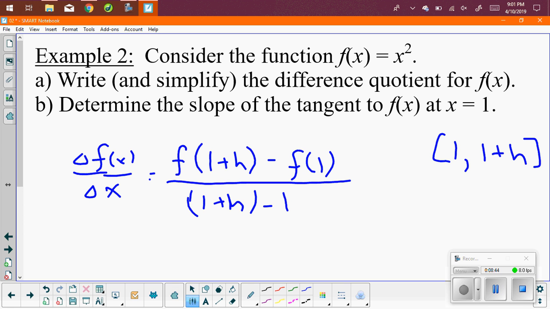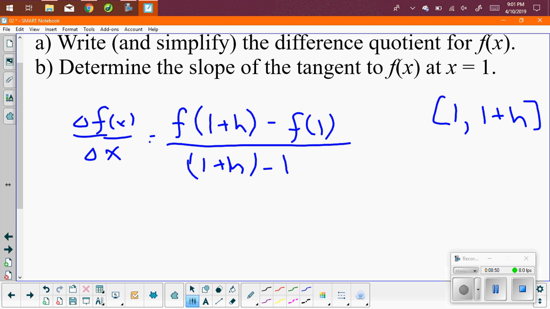Function at y2, function at y1, y2 minus y1. Same thing as your slope formula. Now my function was x squared, so that means I have 1 plus h squared minus 1 squared over, and if I tally up this denominator, I have 1 plus h, then take away 1, so I've really just got h.